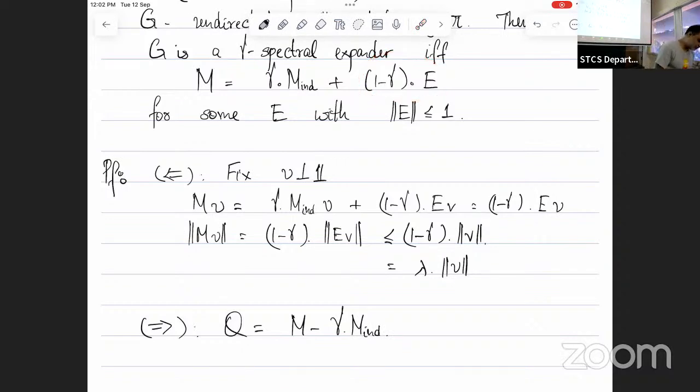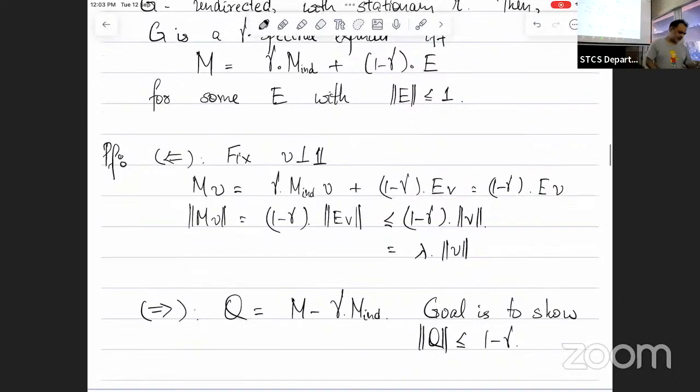And the goal is to show that the Q spectral norm is at most 1 minus gamma. If you can do this, then if I remove that factor 1 minus gamma, it's something that has spectral norm 1. Okay. So this is what we have to show.